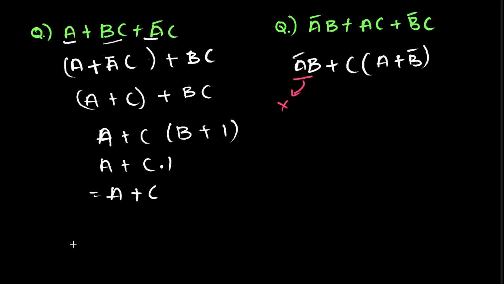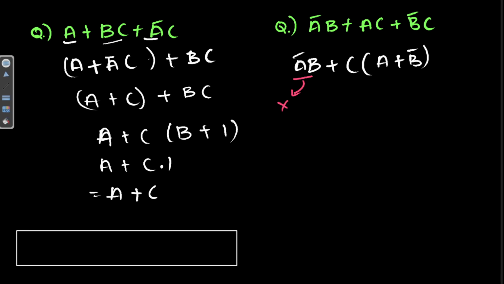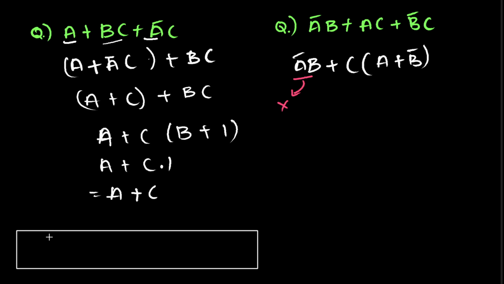Using De Morgan's theorem we saw, I am solving here, so please understand. So let us solve here. x is equal to a bar b, right?